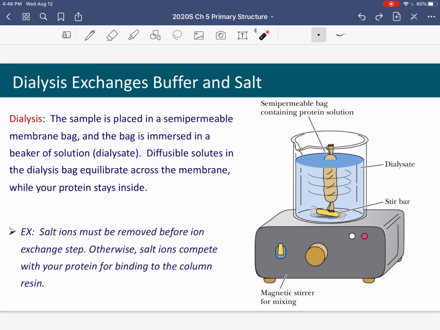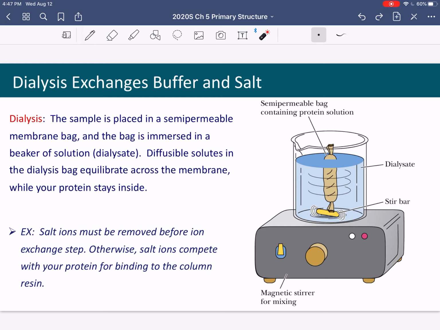So if we salt out our protein in a fractionation step early on, as we did in a couple of videos ago, we need to remove the residual salt from our sample before we load it onto an ion exchange column where the salt would interfere with the charge of the protein interacting with the charge of the solid phase, right?